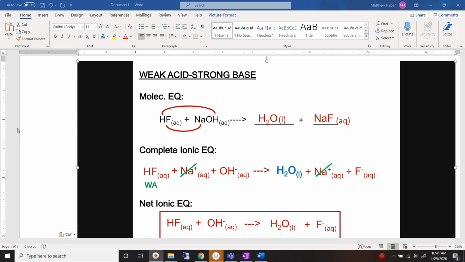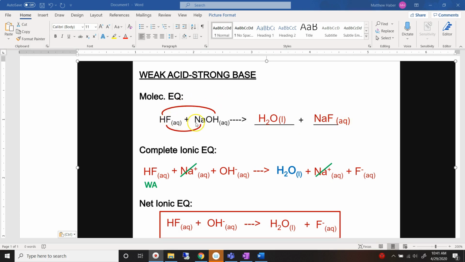Okay, so here's an example of a weak acid reacting with a strong base. You have hydrofluoric acid reacting with NaOH. Again, you can predict the products using double displacement reaction. The product water has the liquid state symbol, whereas sodium fluoride, because the compound contains group 1A, is also soluble in water.